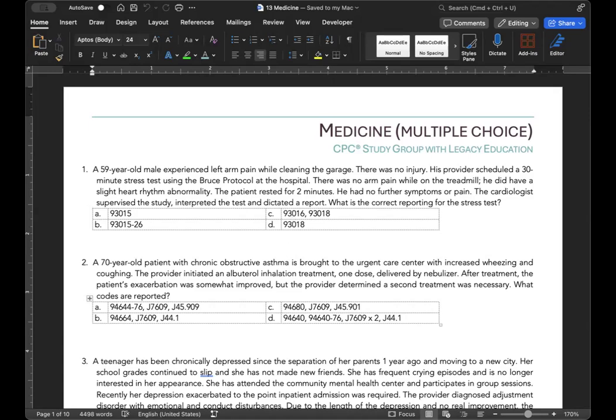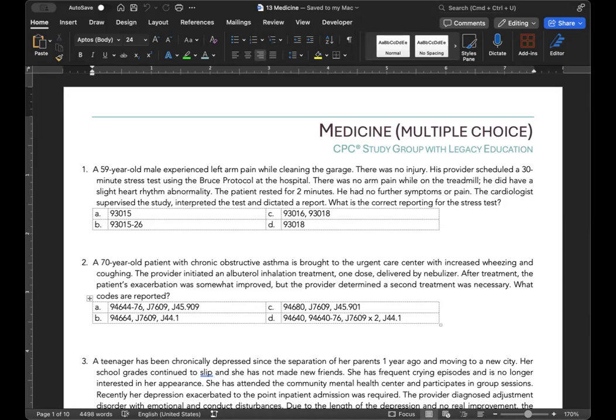With 93015, this is going to be a global package including professional and technical components. So 93015 means they did everything, including the supervision, interpretation, and report.